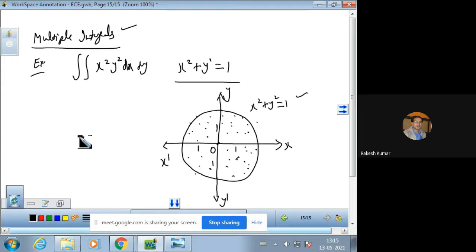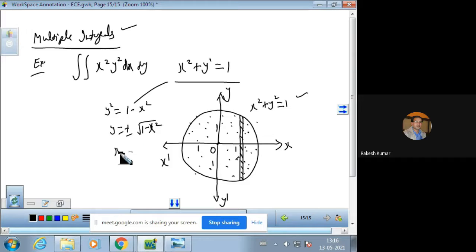Now, if we draw a straight line or a vertical stripe parallel to the y-axis, we will have the value of y from here. Your y square is 1 minus x square, and y equals plus minus root of 1 minus x square.